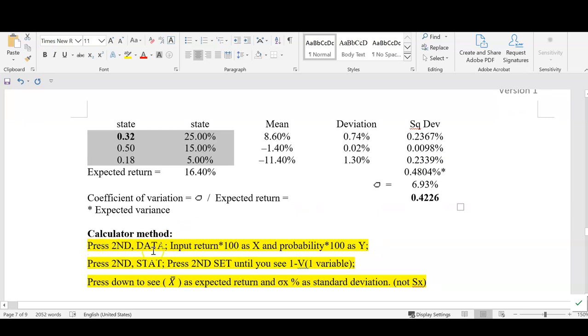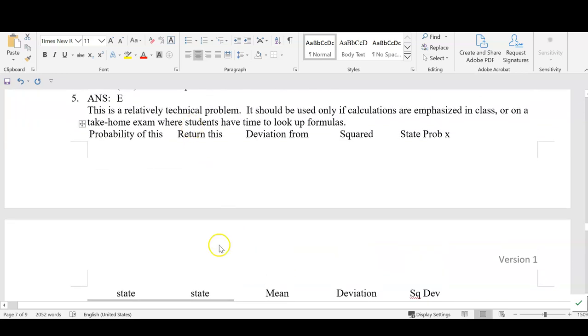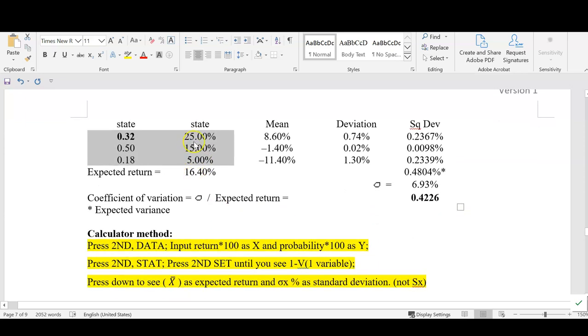So we can use second data, go to the data function, and input 100 multiplied by return as x. Here the returns are 25%, 15%, 5%. When we multiply by 100, we're actually just removing the percentage sign. So we just input 25, 15, and 5.